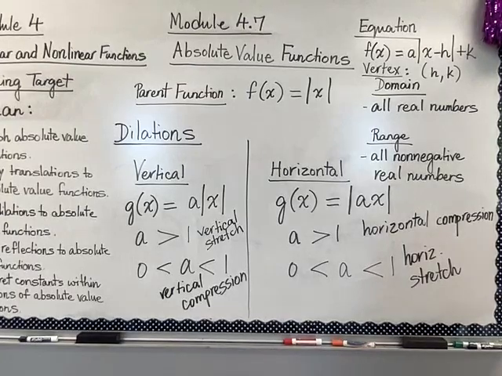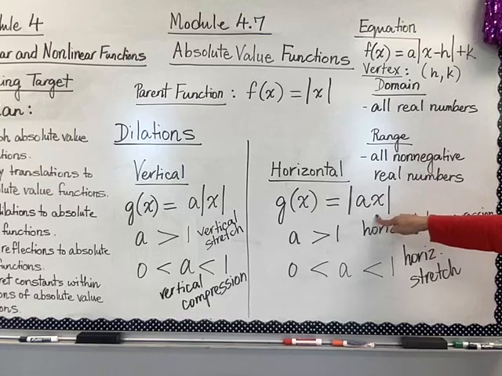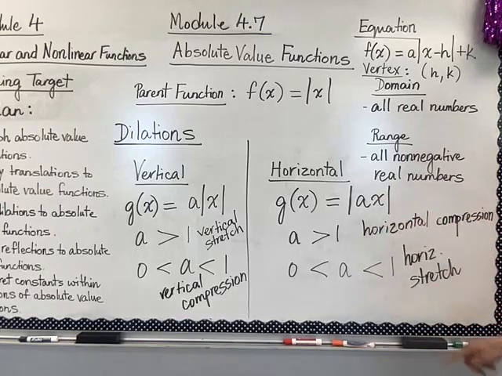And when an input is multiplied by a constant a before the absolute value is evaluated, a horizontal change occurs. So I showed you how this is going to be horizontally compressed or stretched.